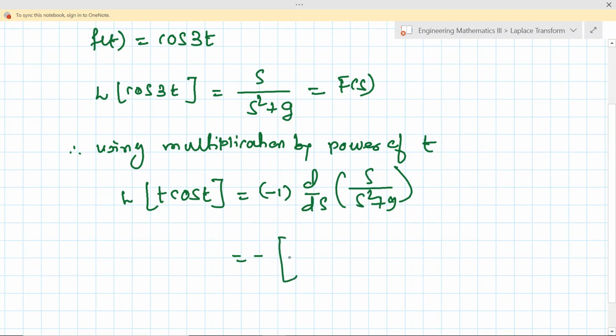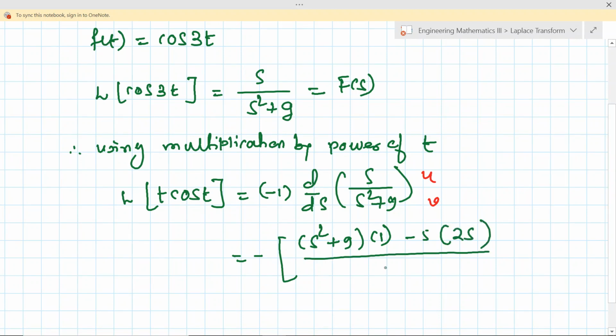The u upon v rule is there. This is u and this is v. What is v? It is s squared plus 9. The derivative of s with respect to s is 1 times v, minus u as it is times the derivative of v, which is 2s, divided by (s squared plus 9) squared, v squared.